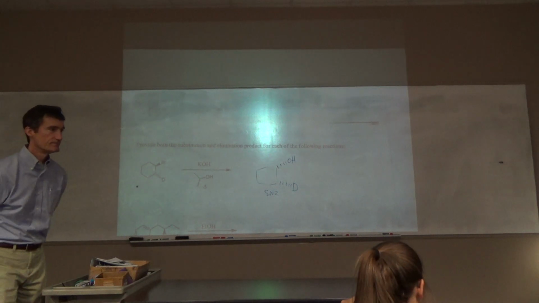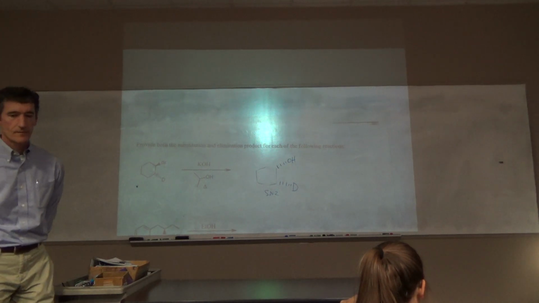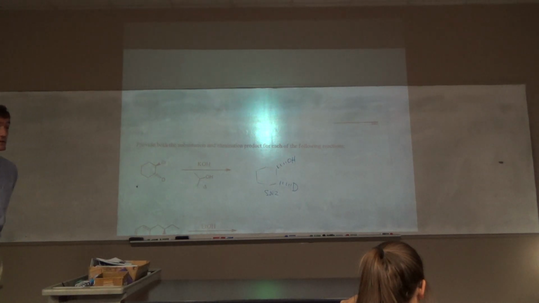We're going to break the bond between the Br and the carbon, and we just have a double bond on the right side, right? Is the deuterium still in the product or is it gone? It's gone. It's gone? I mean, the base is going to take the D.